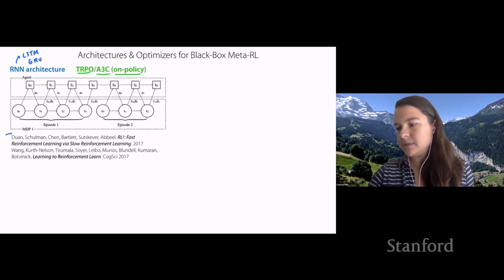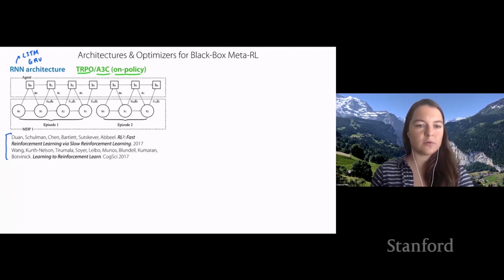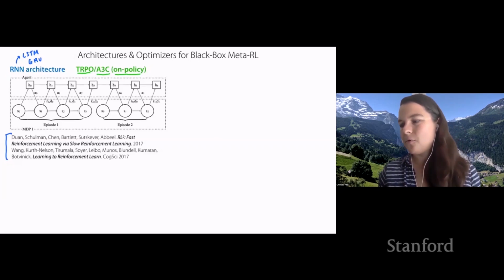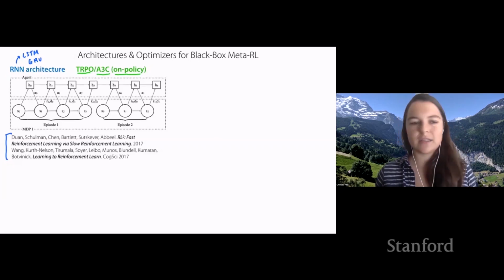This was summarized by these two works right here, which were some of the first works that showed with modern deep neural networks and deep reinforcement learning algorithms that you can learn how to learn for things like navigation tasks and other tasks.